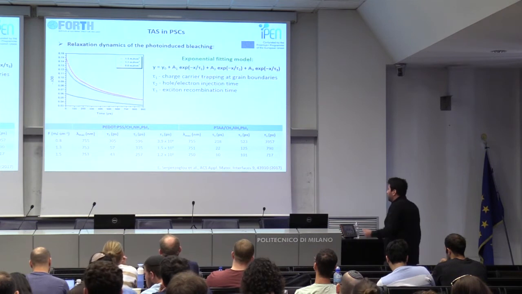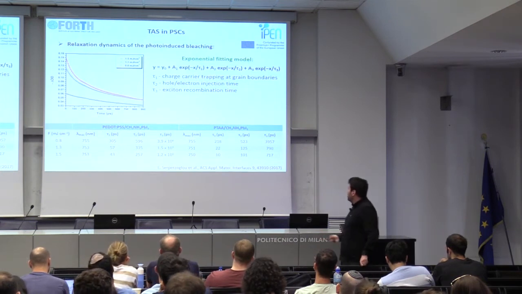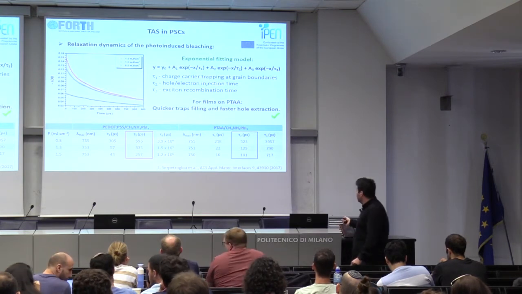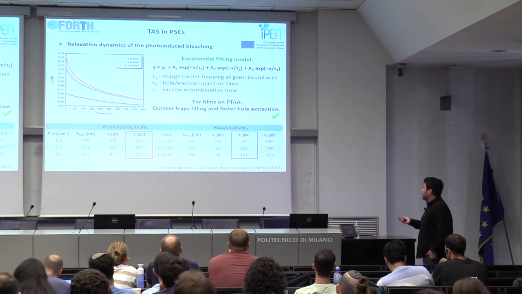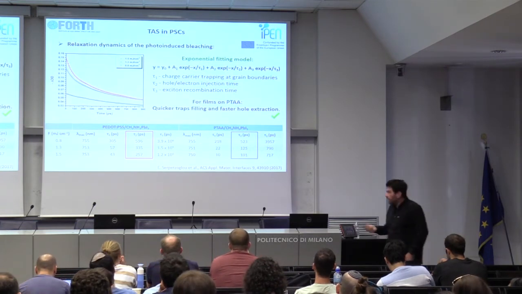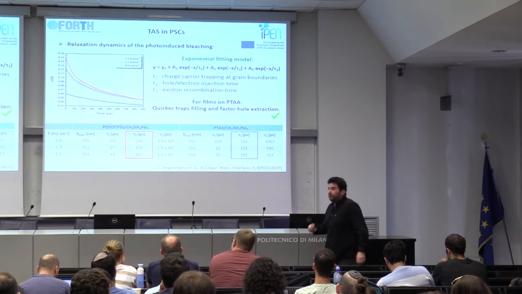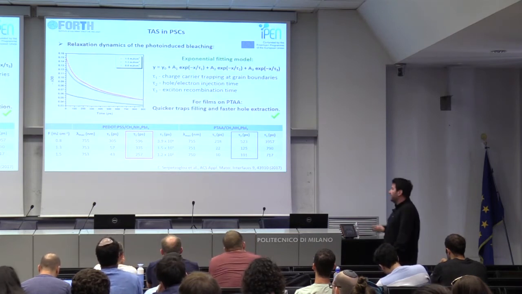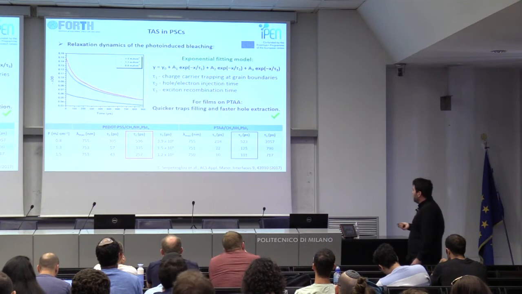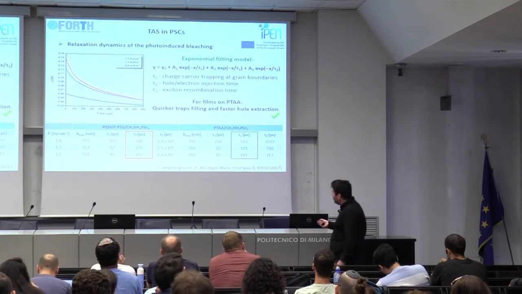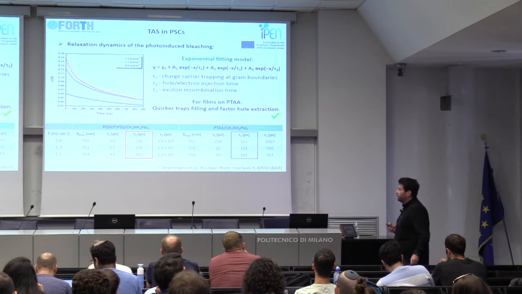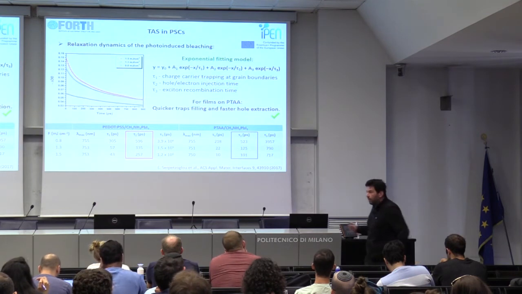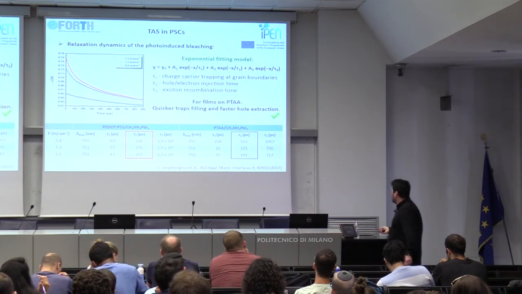And so if we apply this model in our cases, we can immediately see that this T2 time component for the case of PTAA polymers is significantly faster, which means that we have better extraction of the free charge carriers from the perovskite film to the hole transport layer material, which is PTAA in this case. So we also have some quicker trap fillings and faster hole extraction. So this is the physical origin of the better power conversion efficiency.